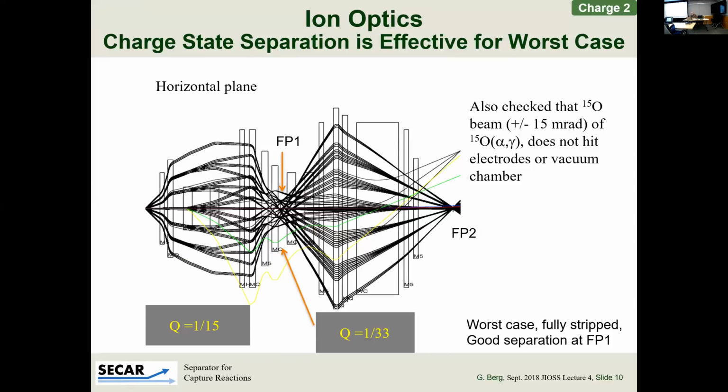Okay, so here's the worst case, still nice separation from all the recoils. They're coming through here with one charge state, but the charge state difference can be separated here. Of course, if you take the easy case, 1/15, the separation may already happen here. So that's why you have flexibility at all dipoles; you see these big access ports.